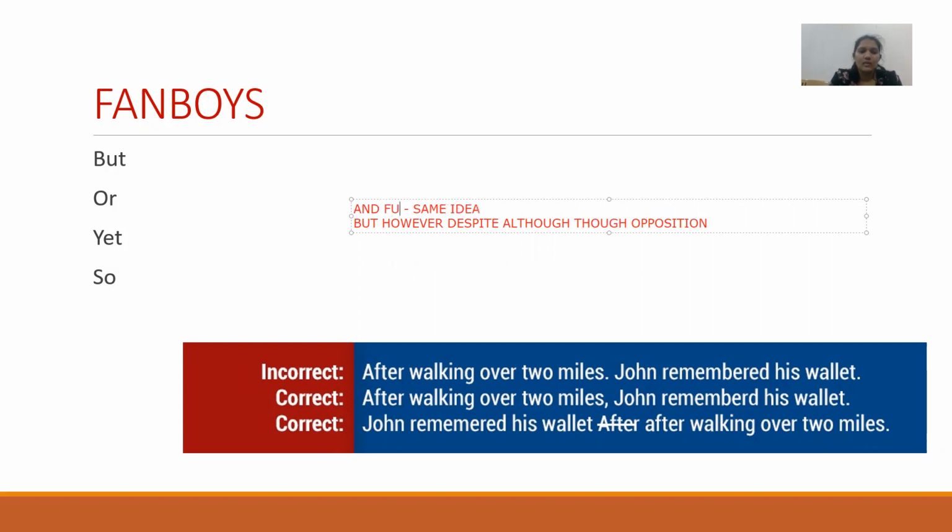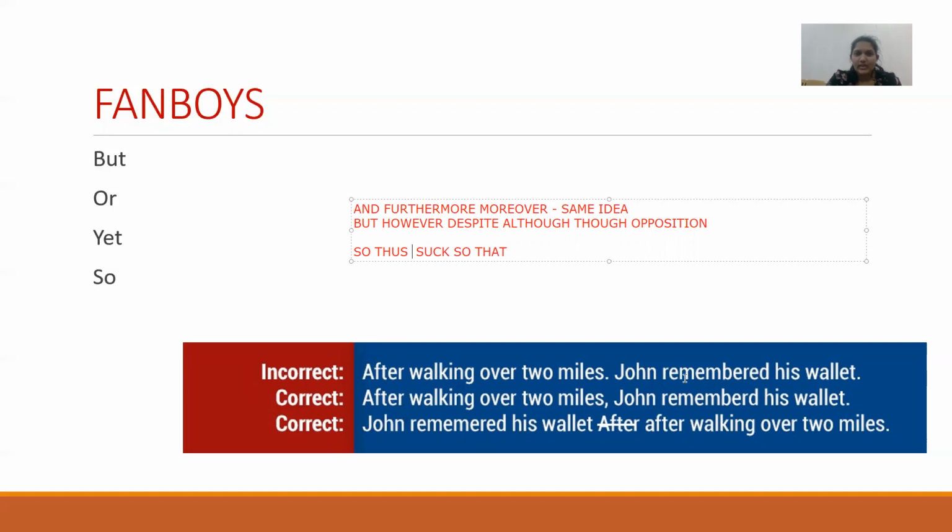And, further, moreover for the same idea. For conclusion, result and effect, you can use so, such that, so that, thus, yet. So different kinds of conjunctions are there. Now see this.